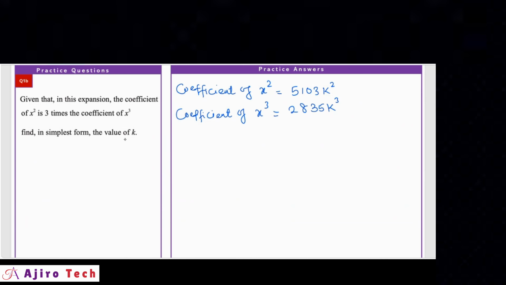So we're told that the coefficient of x squared is 3 times the coefficient of x cubed.